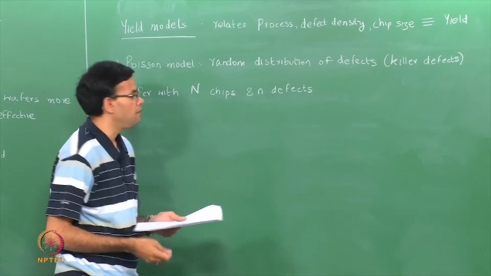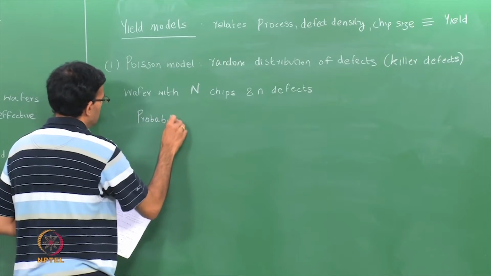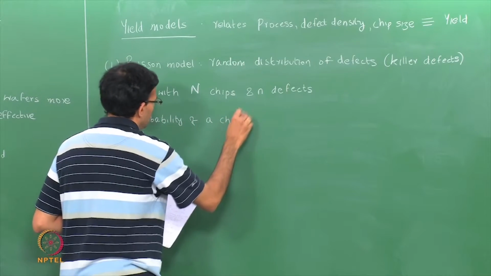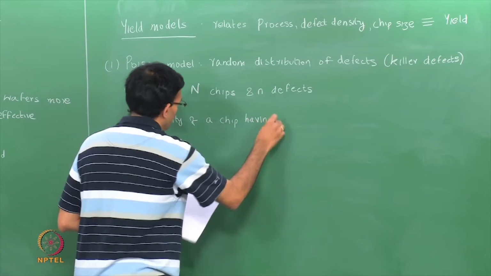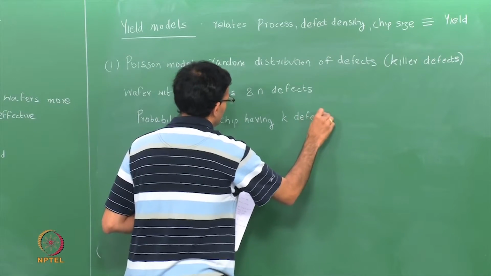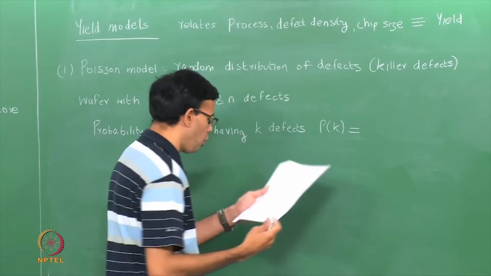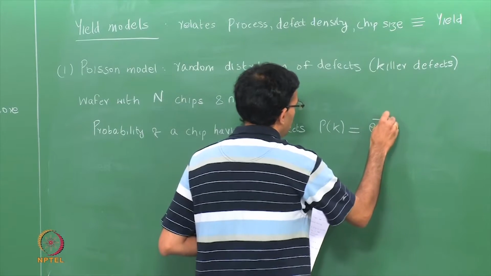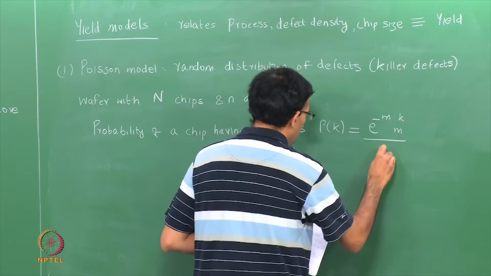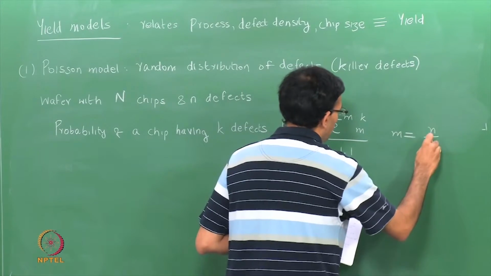Given that these are randomly distributed, the probability of a chip having k defects, let us call this P of k, is nothing but the Poisson distribution given by e to the minus m, m to the k over k factorial, where m is nothing but n over N.